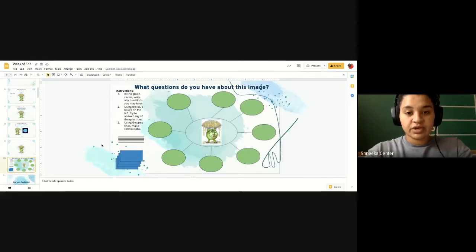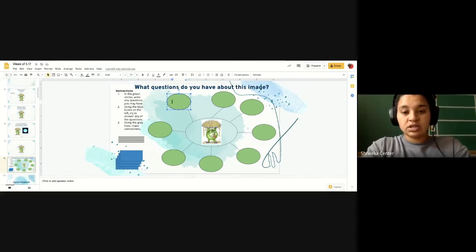Once you get to the concept map slide, to create your question, you're just going to double click in the box. So a question that I have about this image is, why are there so many people? So that's my question.